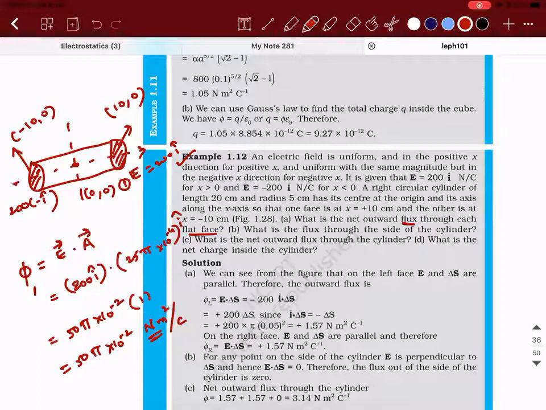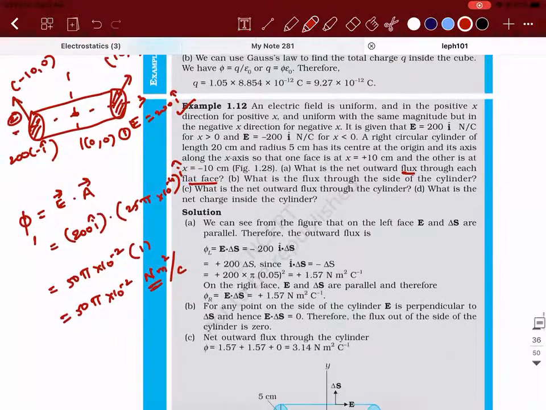Calculate it for the second surface, second flat surface, that is on the left hand side.